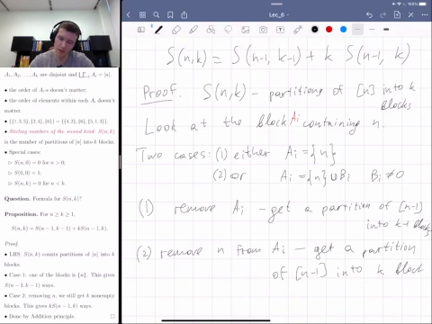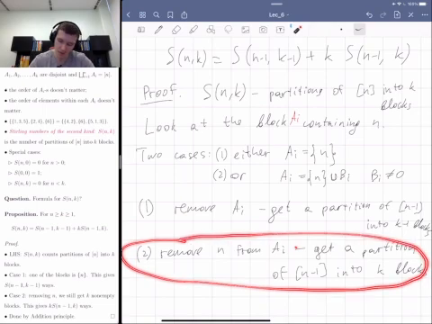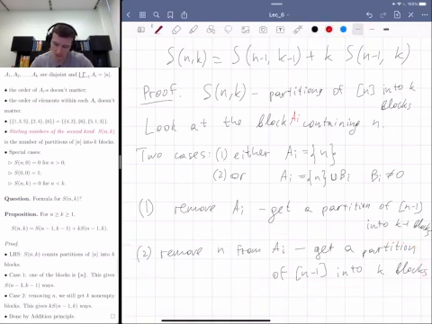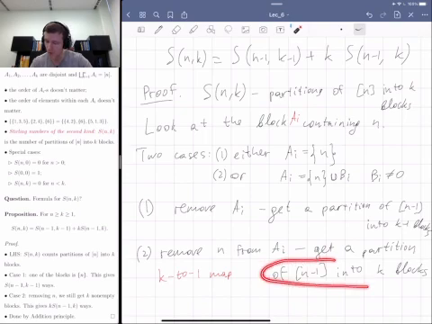But the catch is that this second map is a k to 1 map. Because if I give you a partition of n minus 1 into k blocks, then you can add n to any of the k blocks.